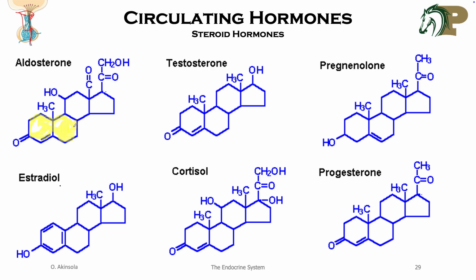This basic skeleton is composed of these three hexagons followed by this pentagon. That's cholesterol. And you can see that every single steroid hormone has that basic skeleton. So these are all going to be cholesterol-based hormones.